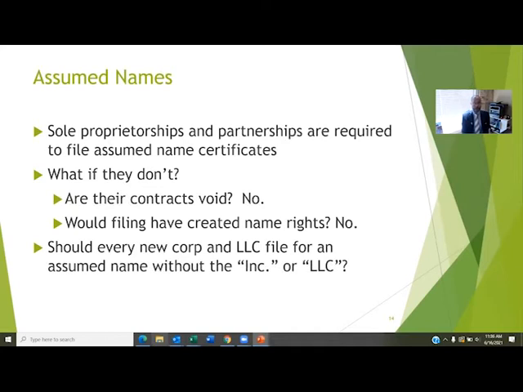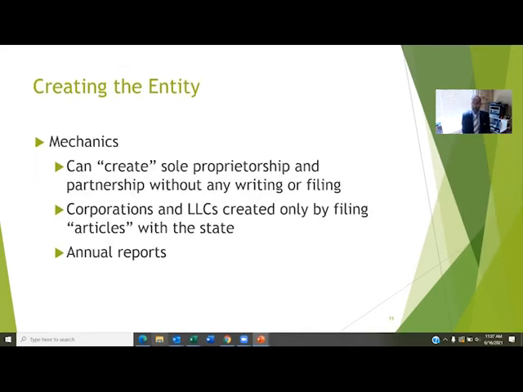When you create an LLC or a corporation, it's important that you also incorporate the proper initials at the end, so that, again, that lets people know that you are an LLC or a corporation. And that goes back to an earlier point we made at the start about legitimacy. Now, I will say, and you probably all experience this, just because a business is incorporated or an LLC is certainly no guarantee of customer service or proper business practices.